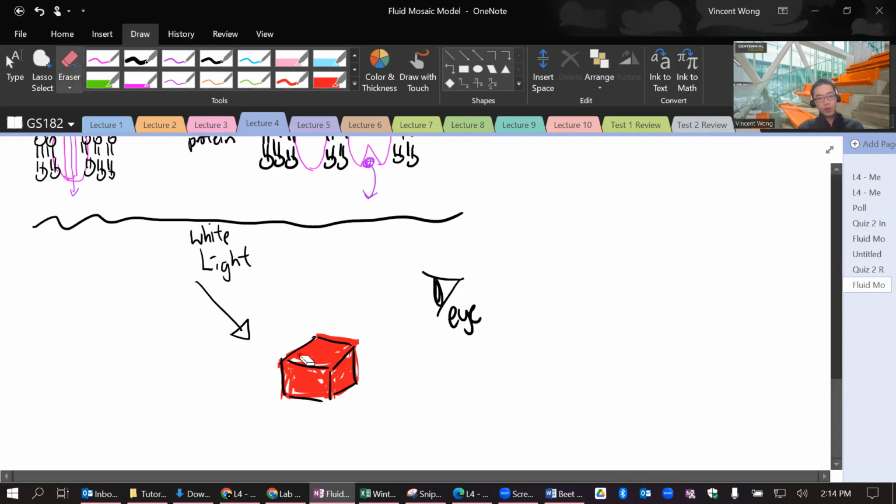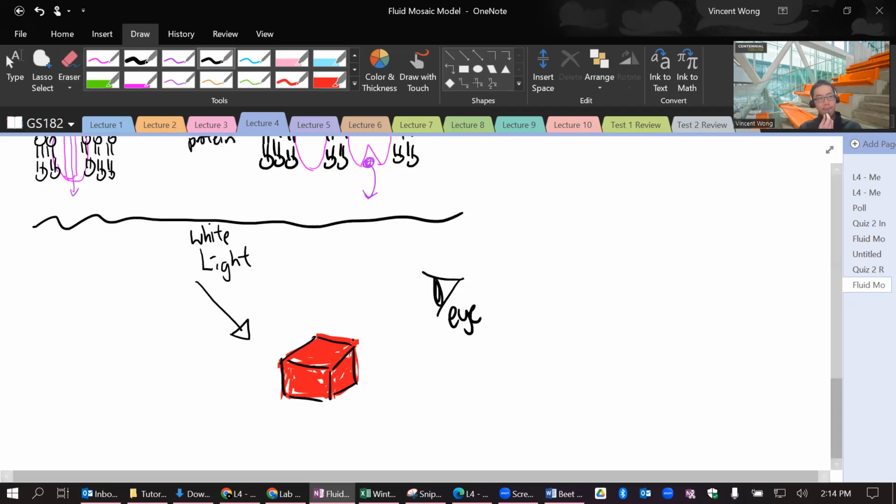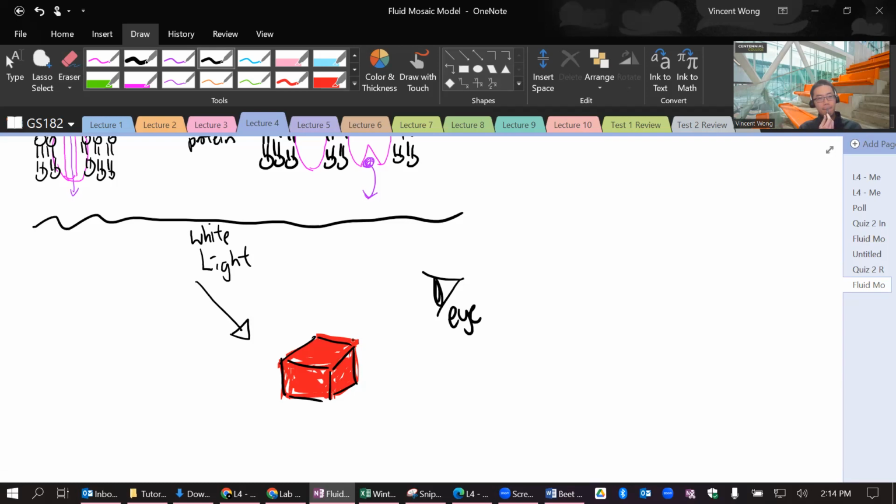The light is going to strike this block, and then some of the light is going to get reflected and enter our eye. Which color is being reflected? Really? Nobody knows? A little bit surprised there. That's okay if you don't know. I'm going to tell you and you remember it.